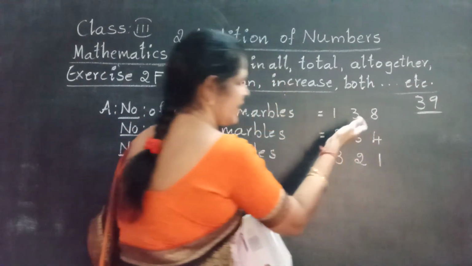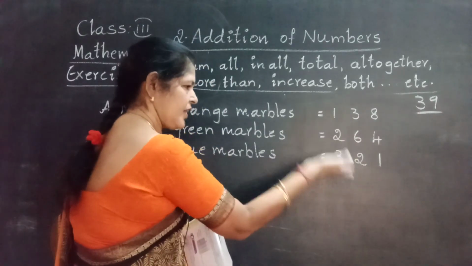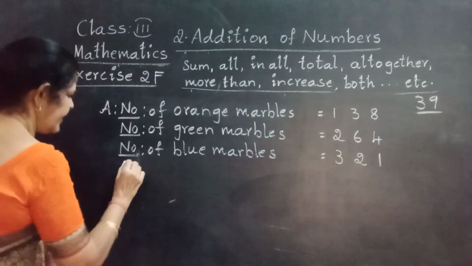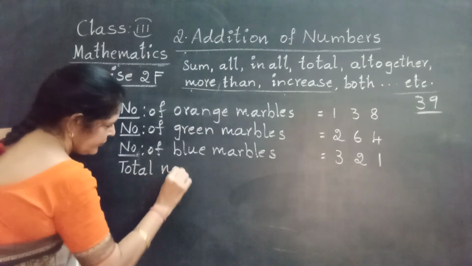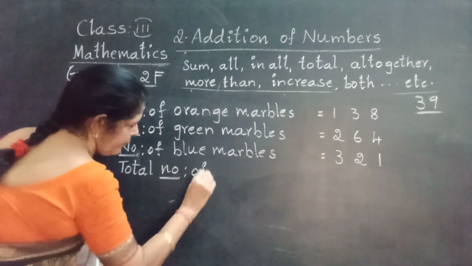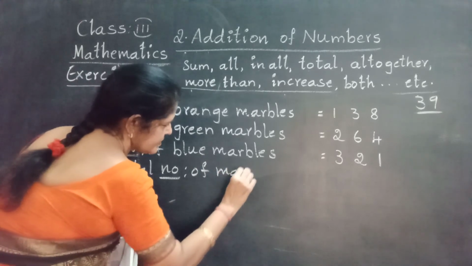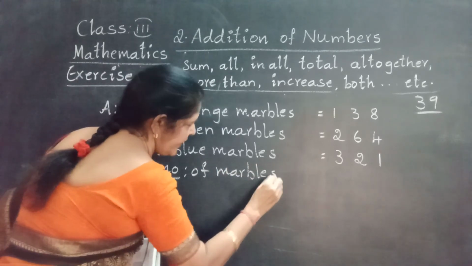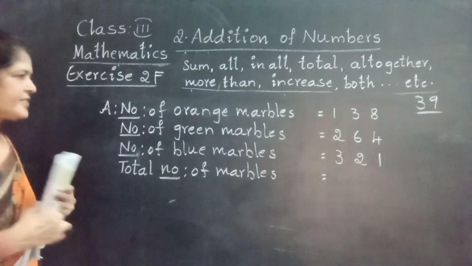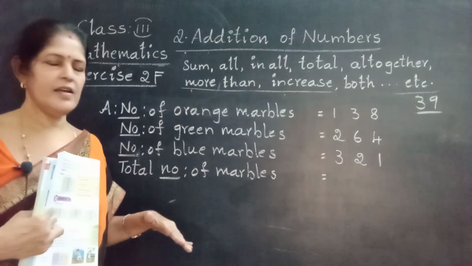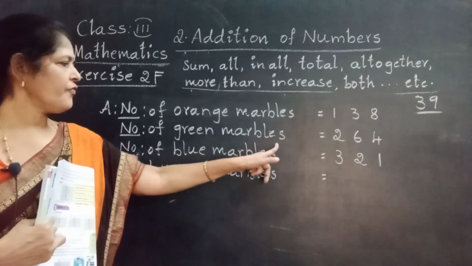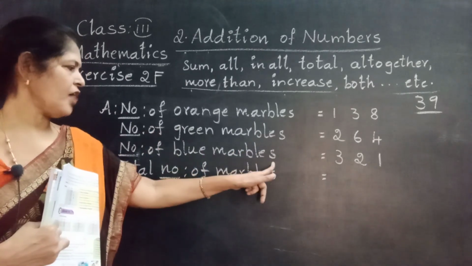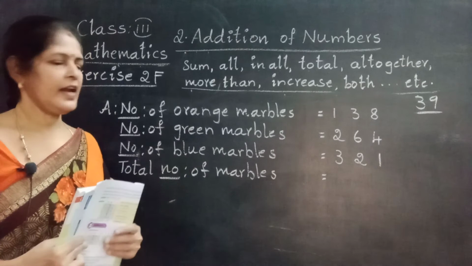We arrange three numbers, one below the other correctly. Next, total number of marbles. We have to write in our classwork book like these words: number of orange marbles, number of green marbles, number of blue marbles, total number of marbles.